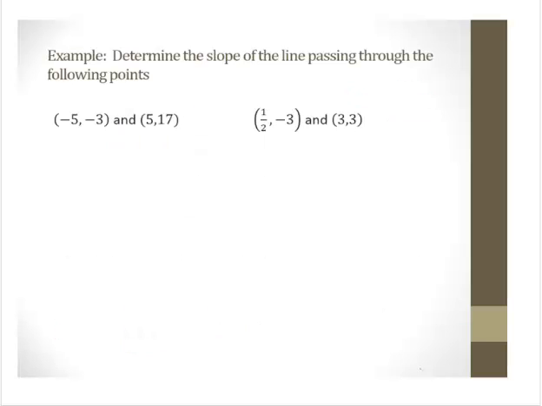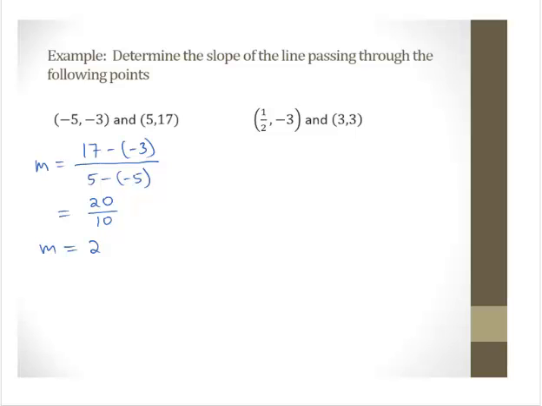So here's a couple of examples. Let's determine the slope of the line passing through the following points. In our first example, we have the points -5, -3, and 5, 17. Then the slope m would be equal to 17 subtract -3 over 5 subtract -5, which simplifies as 20 over 10, which is 2.